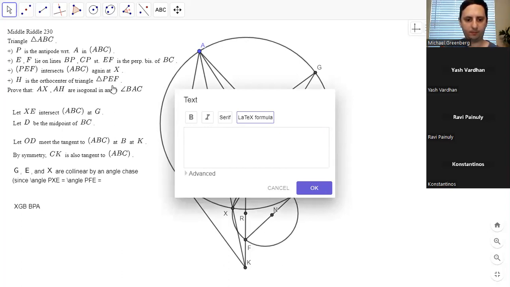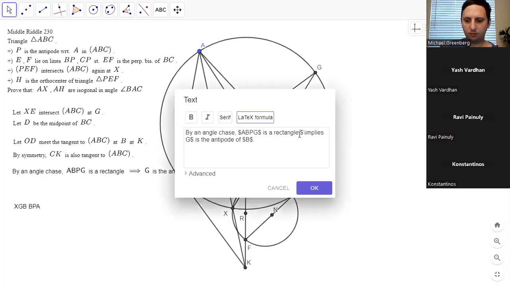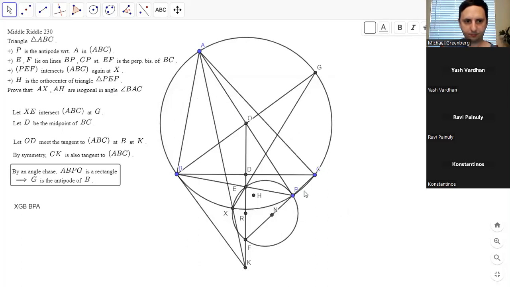So basically, rectangle implies G is the antipode of B. And we know it's a rectangle because we have angle PXG is equal to ACB.